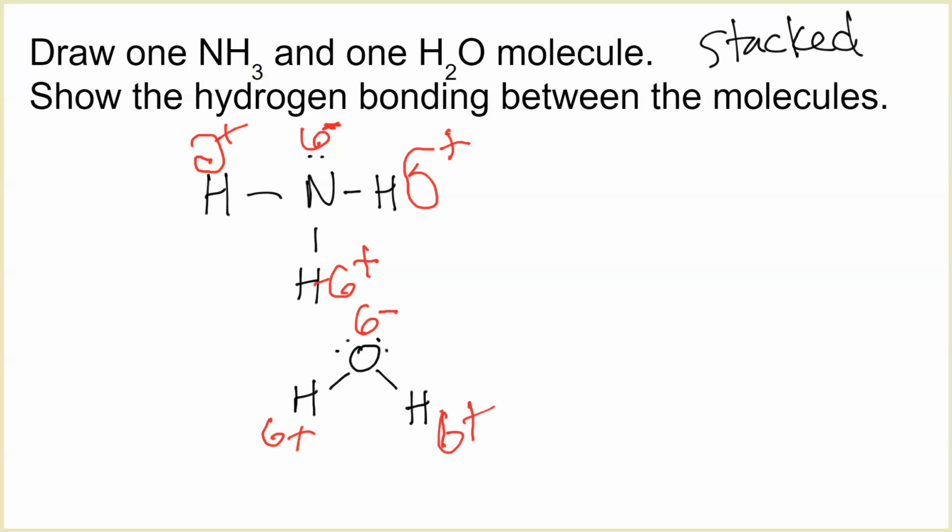Good job. Cool. So you should have labeled it so that all the hydrogens had partial positive and all of the oxygen and nitrogen had partial negative.